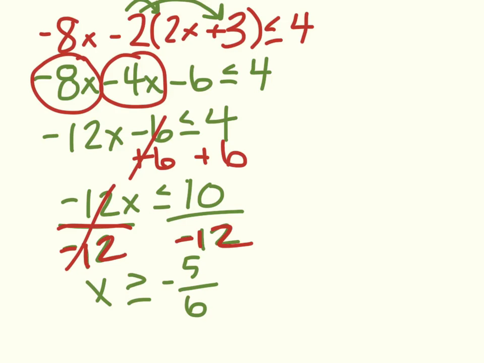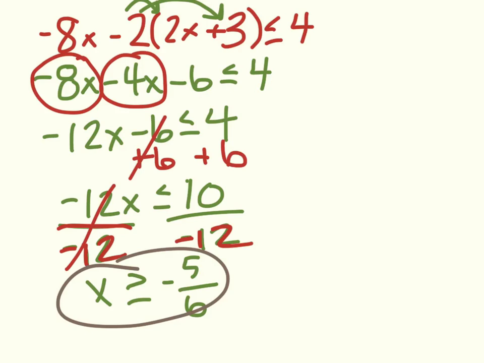Okay, now if we're going to put it in interval notation, this is how we do interval notation. I have to think about the smallest point and the largest point that x could equal. So I'm going to go ahead and read out loud my solution, which is x is greater than or equal to negative 5/6.